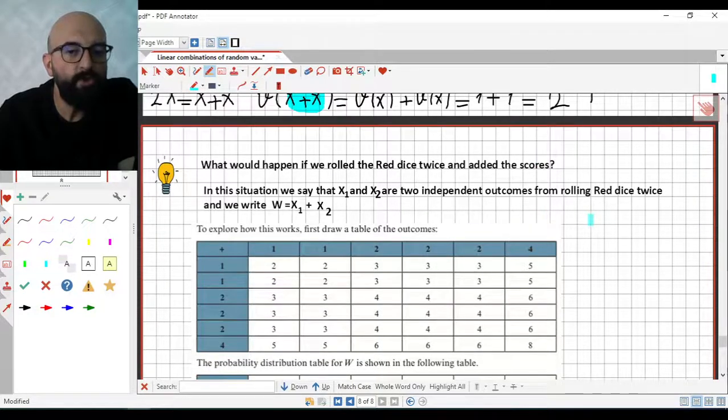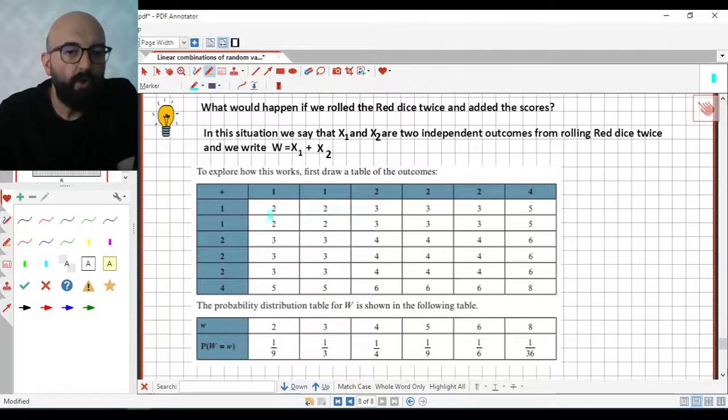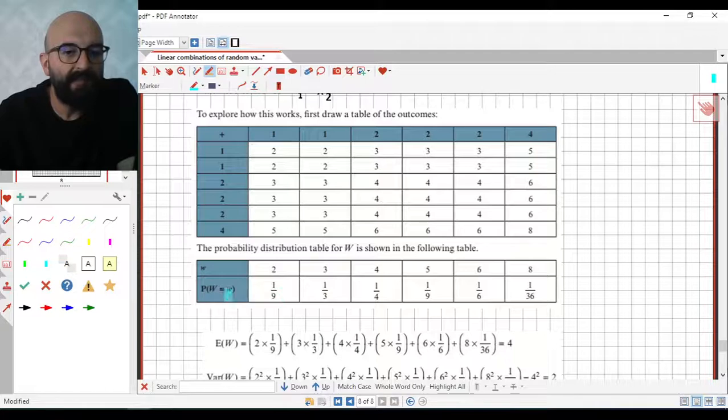In this situation we say that x1 and x2 are two independent outcomes from rolling the red die twice, and we write x1 plus x2, with the table of values and the probabilities of x1 and x2.